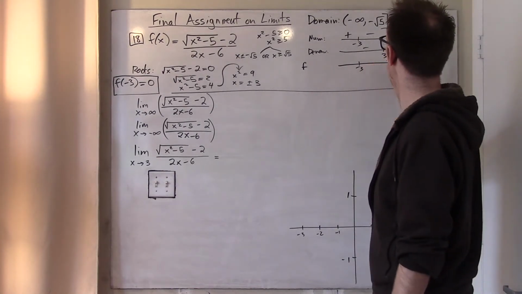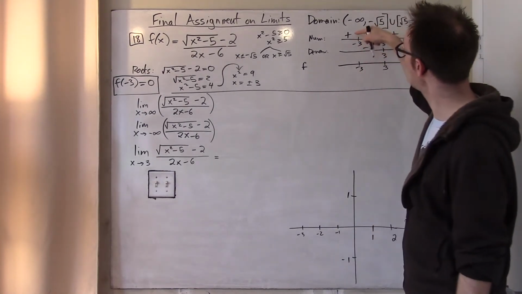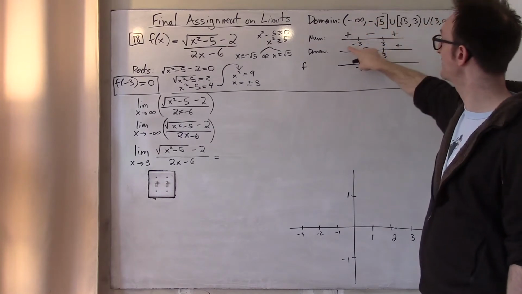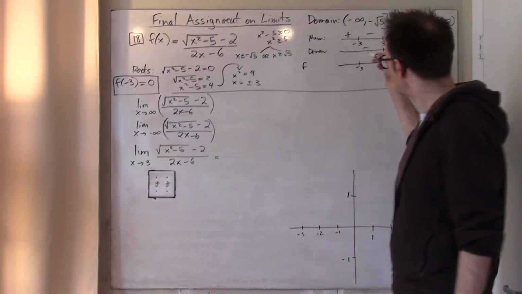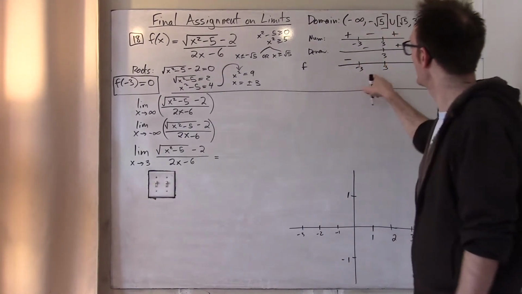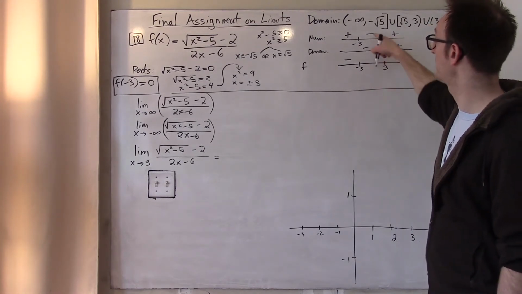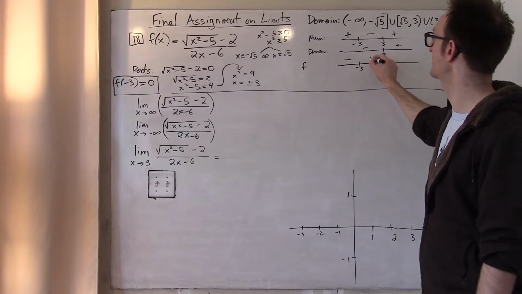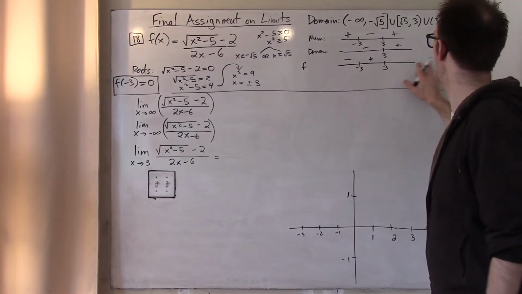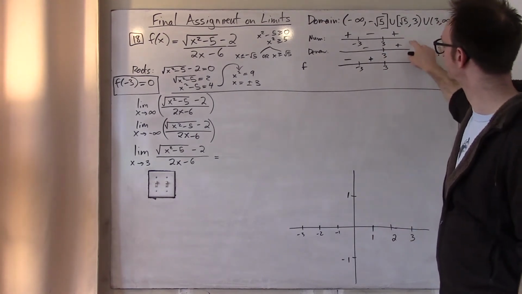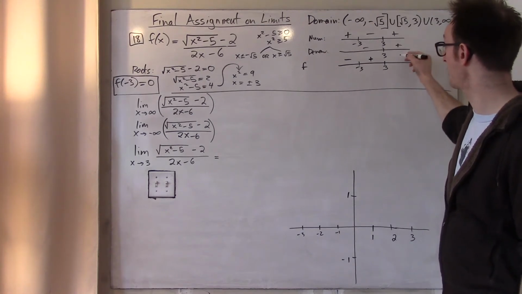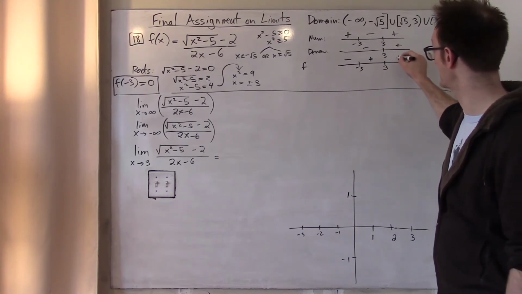Well, here's negative 3, and here's 3. To the left of negative 3, the numerator is positive, and the denominator is negative, so the product is negative. In between negative 3 and 3, the numerator and denominator are negative, so the product is positive. And when x is bigger than 3, they're both positive, so the product is positive.